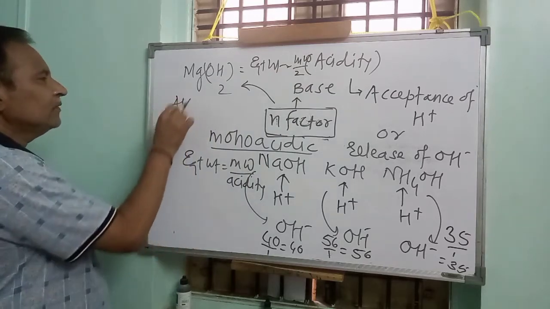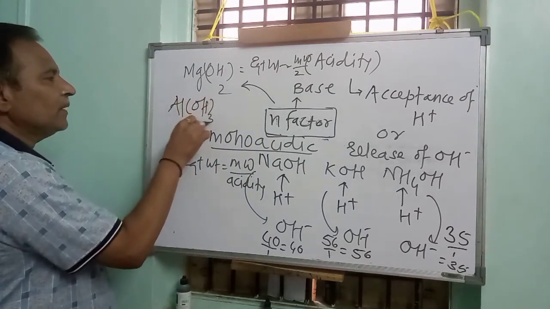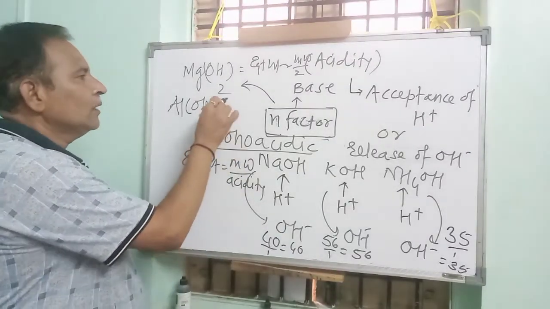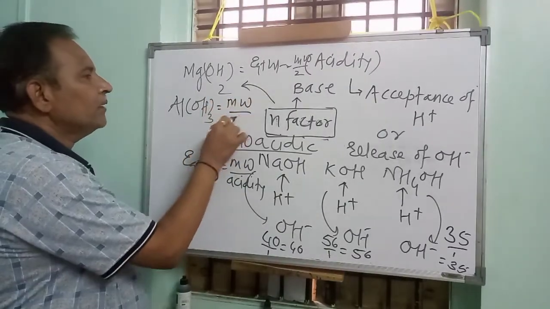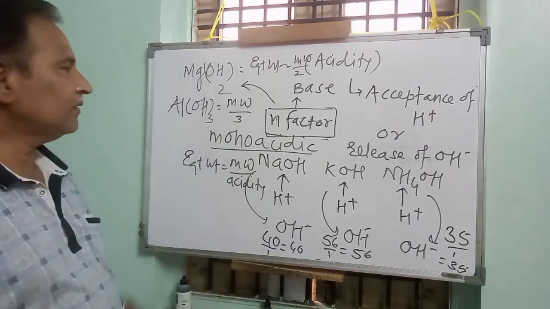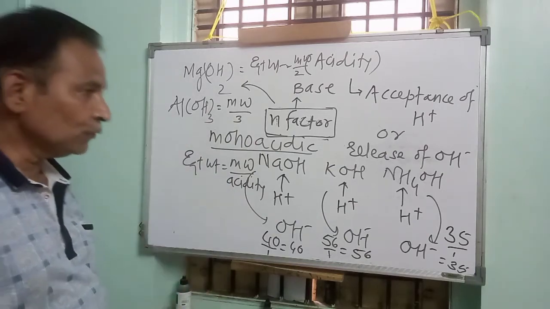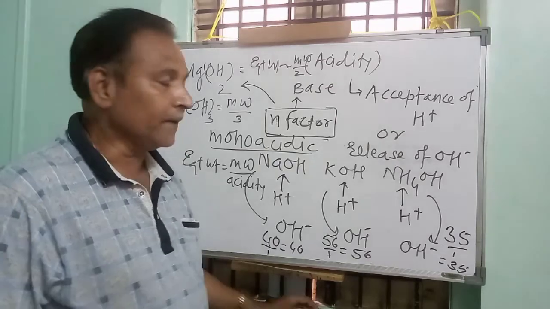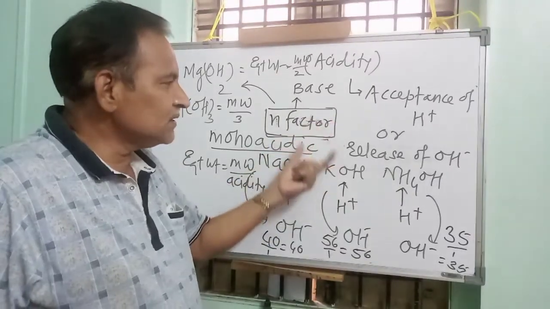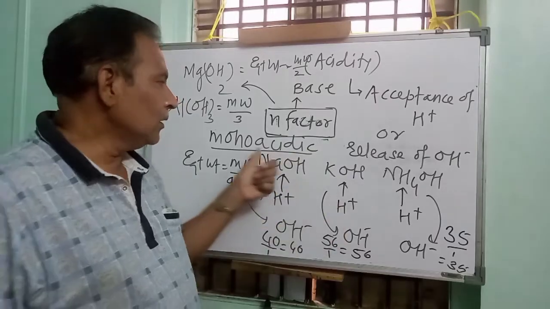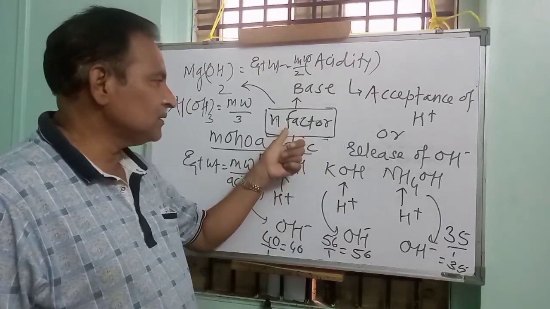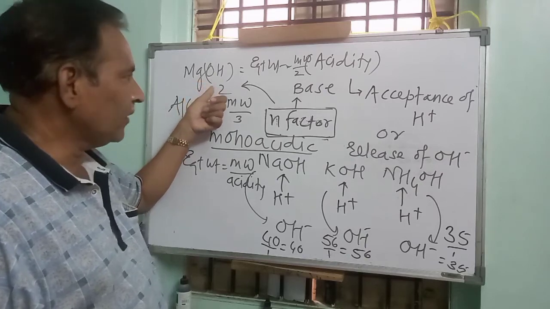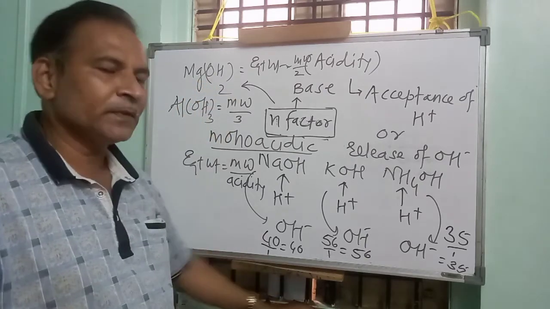Aluminum hydroxide is a triacidic base, it releases 3 OH minus or accepts 3 protons, and therefore its molecular weight divided by 3 will be the equivalent weight. So friends, you understand that in every species the n factor is different. In monoacidic bases the n factor, that is acidity, is 1, in diacidic bases the n factor is 2, in triacidic bases the n factor is 3, like that.